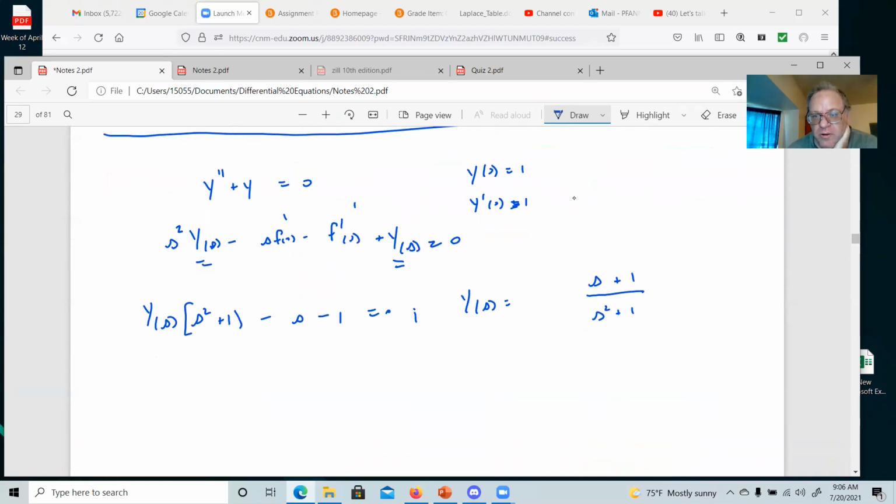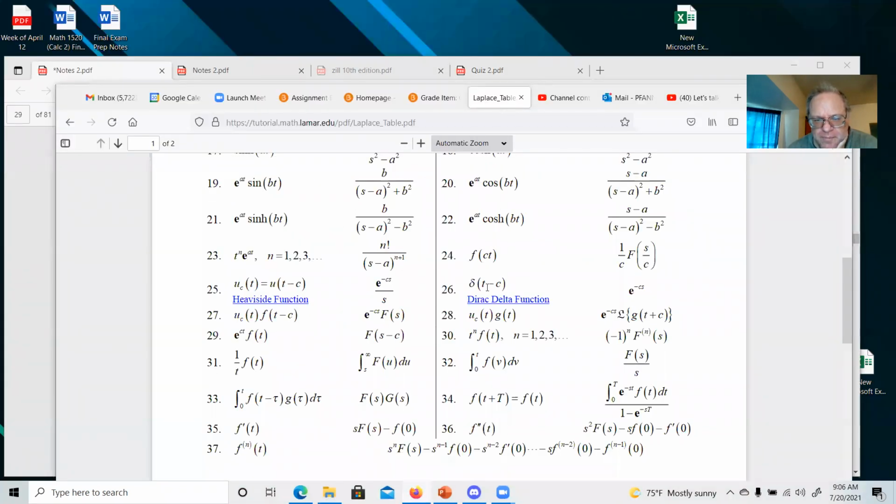And if you remember what we're supposed to do here, Y of s is equal to s over s squared plus 1 plus 1 over s squared plus 1. Going back and consulting our table, give me one moment. All right, there we go.